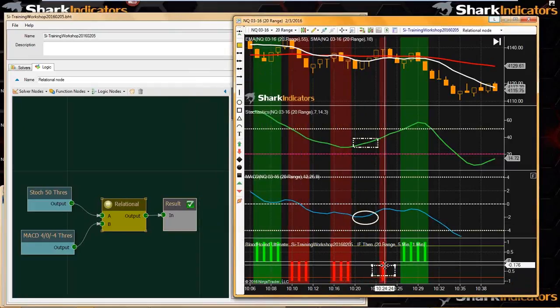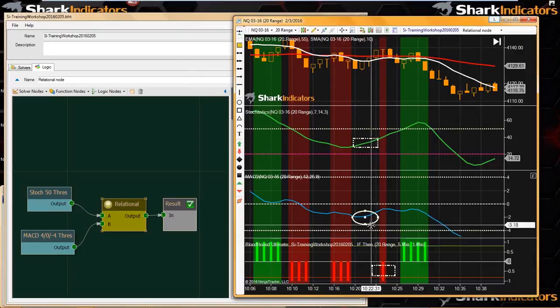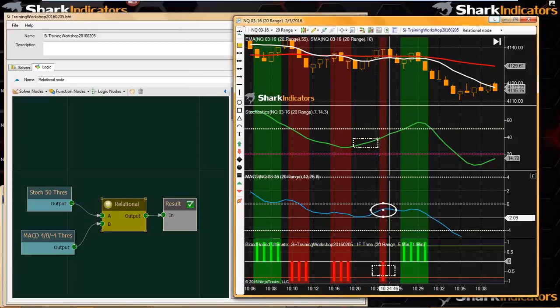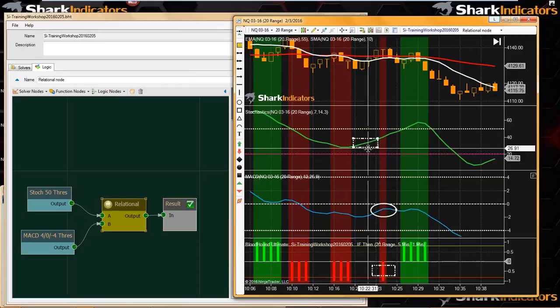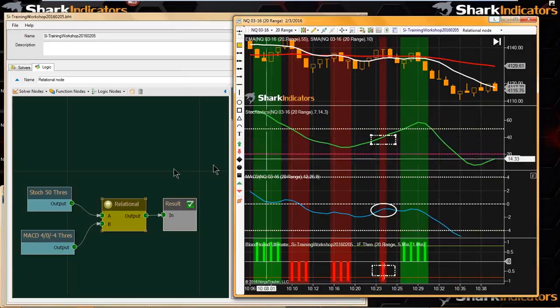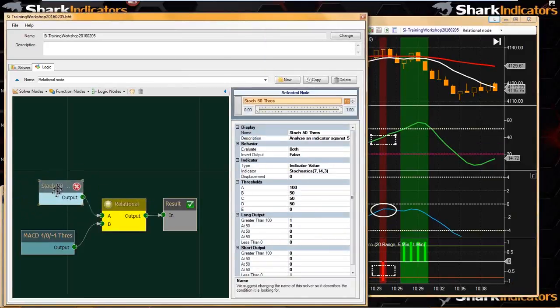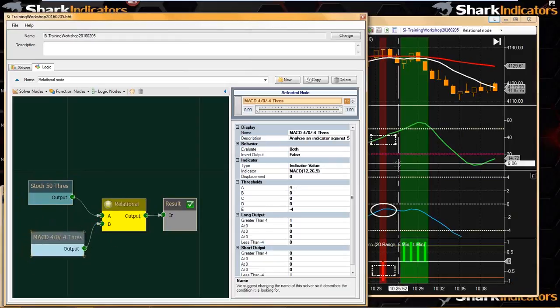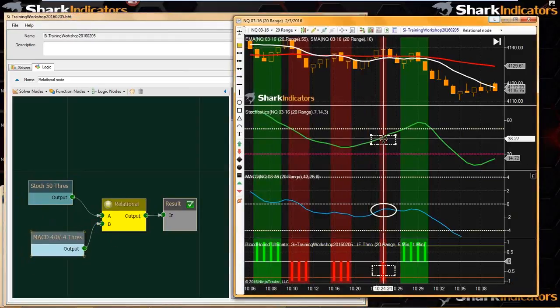Once again, if we take a look at just this single bar here, the MACD moved way up, and the stochastic moved up a little bit, but still, the output for A was greater than the output for B on this one bar. So that was a true statement, so we got a short output.